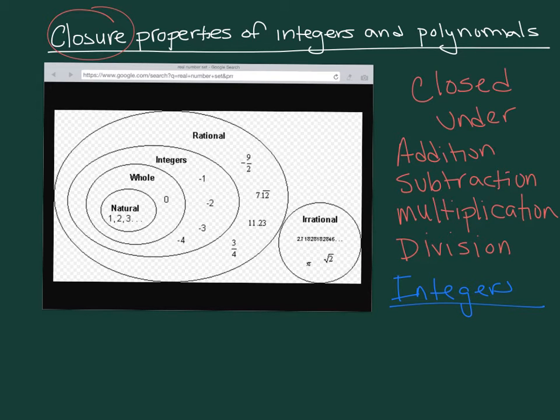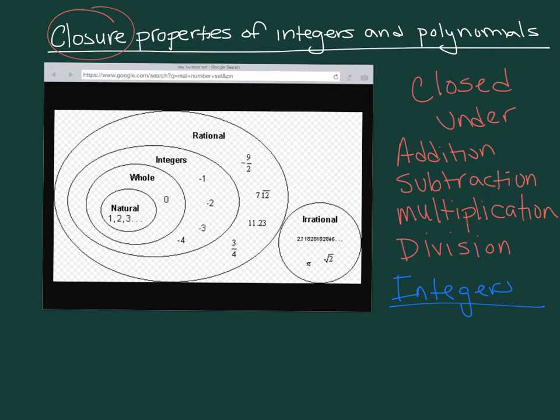If it stays an integer, then it's closed, it's contained, okay? If I do a division and the result is not still an integer, then it's open or not closed, meaning it's been able to escape out of the set.